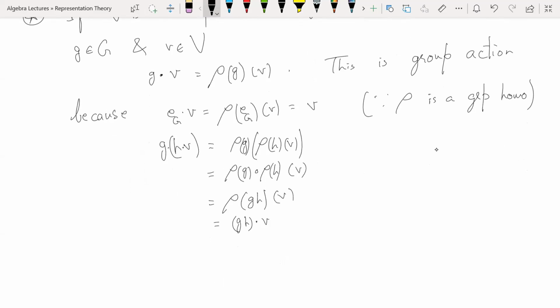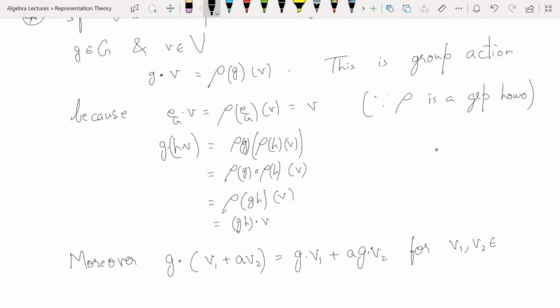So another property we have, moreover, g dot (v1 plus a v2) is equal to g dot v1 plus a times g dot v2, for v1, v2 in V and a in the base field.